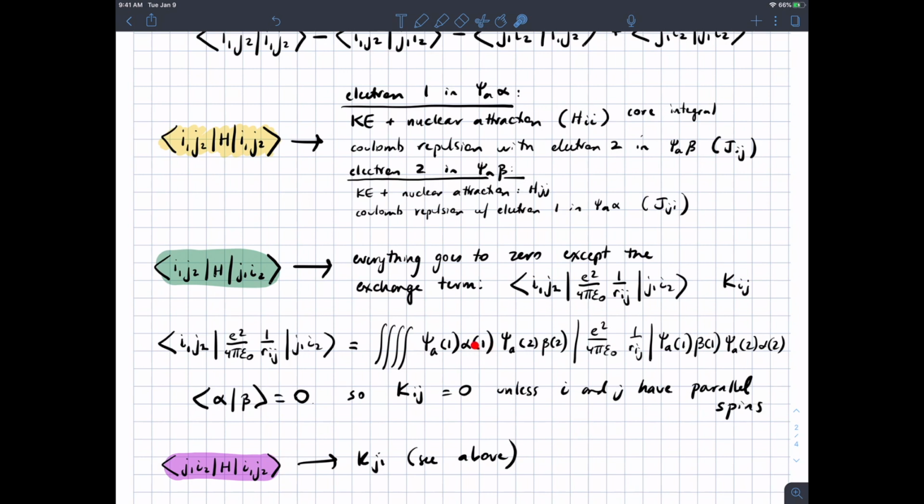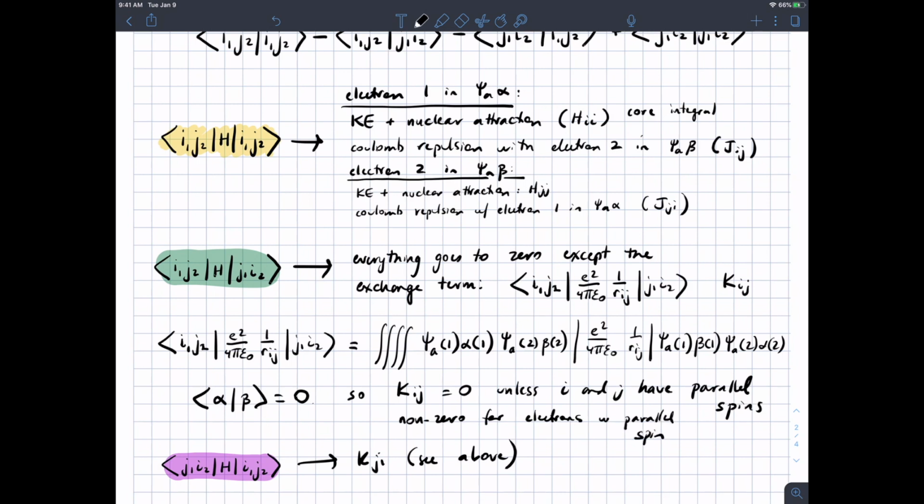So if we take electron 1 with spin alpha and electron 1 with spin beta, that integral goes to 0. So the exchange integral, the K integral, is 0 between electrons with opposite spins. It is non-zero for electrons with parallel spins.